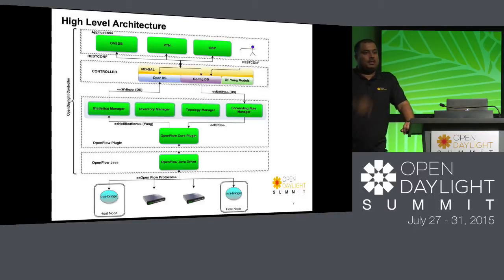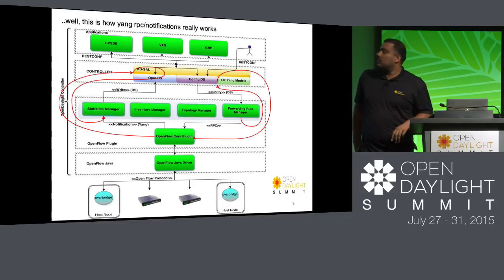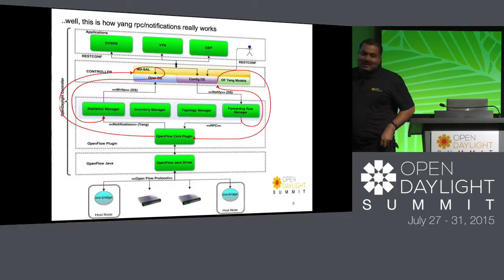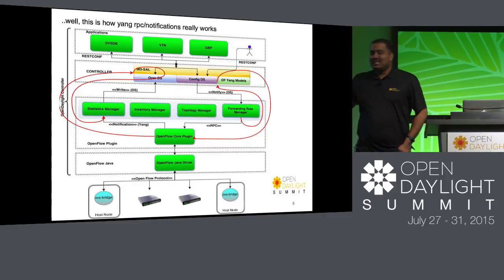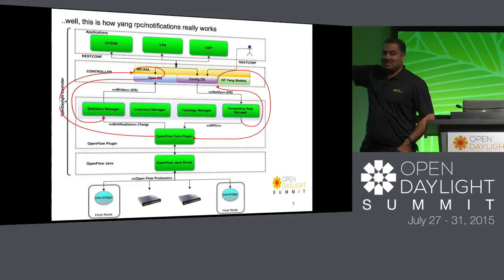Yeah, you have a question back there. So when we show the core plugin talking to the FRM or the statistics manager using RPC or YANG, I'm shown direct connections. But really, aren't they also going through the MD-SAL? This is what you're talking about? Yeah. These straight arrows are confusing, so I kind of go in a broad way, so I will say, okay, this is how it happens.